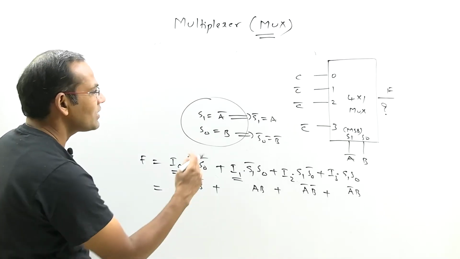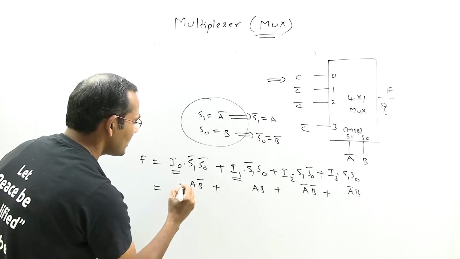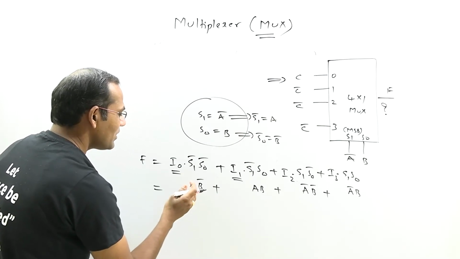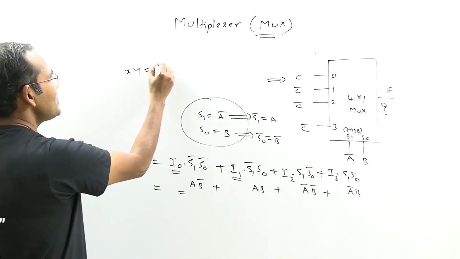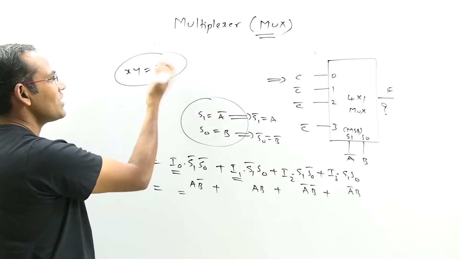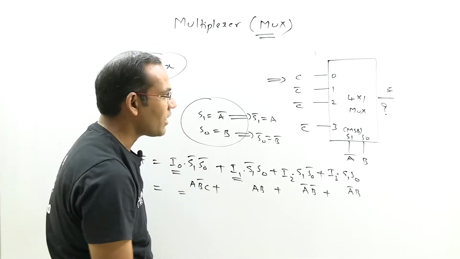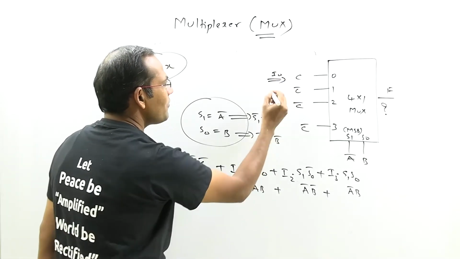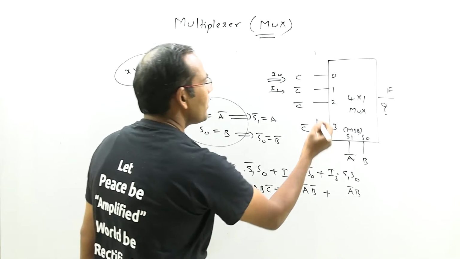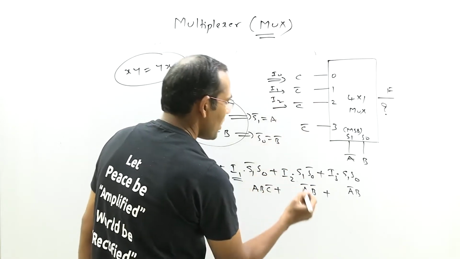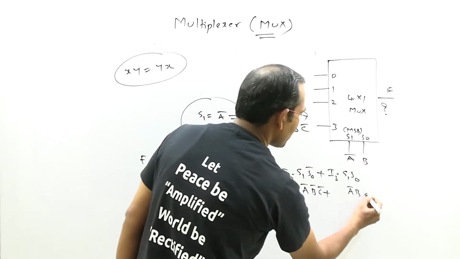Now multiply with input. Here I naught is C, so it is multiplied with C. Whether you write C on this side doesn't matter, because x into y is always y into x. So I am writing on this side. I1 is C bar, I2 is also C bar, and I3 is C bar.